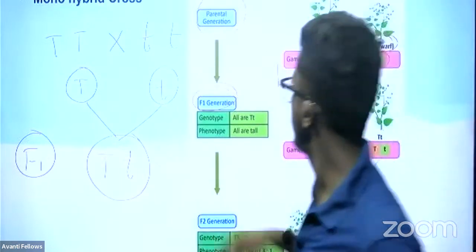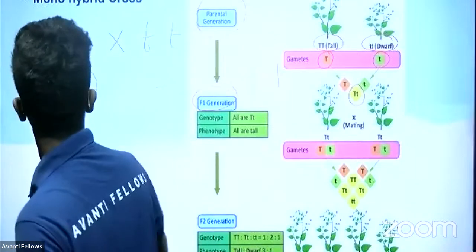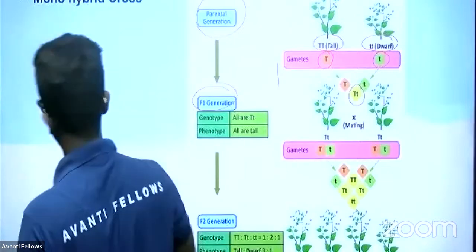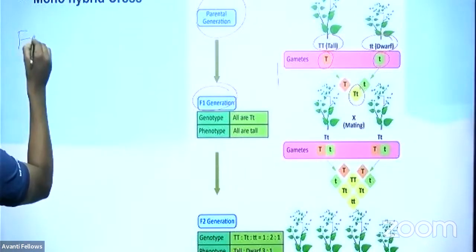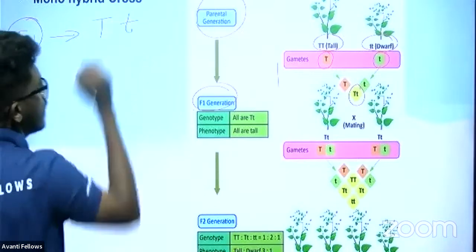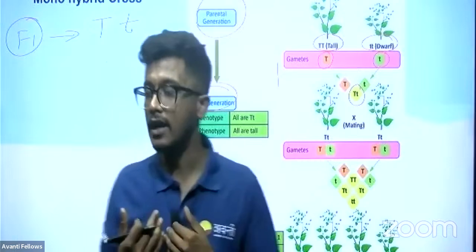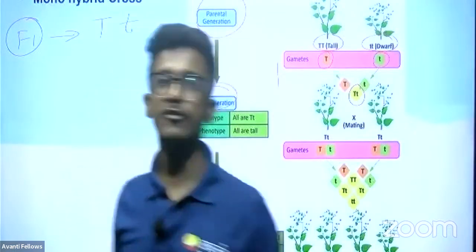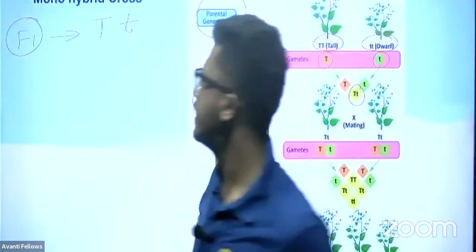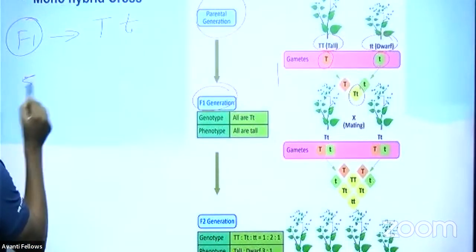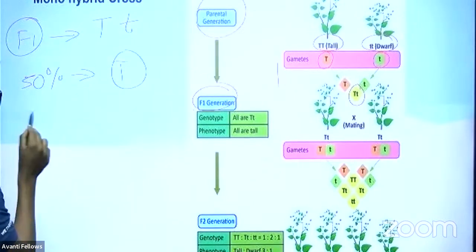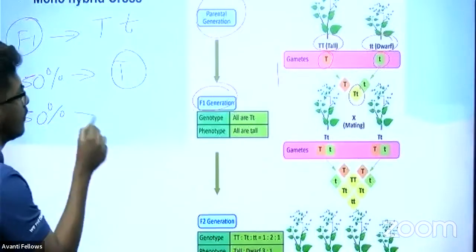So he wanted to investigate. Through his investigation, he took the F1 plants. What are our F1 plants? Let's assume we have an F1 plant, and its genotype is of what type, guys? Capital T and small t. Now we will understand even more clearly. If my F1 plants produce gametes, what would be the possibility? 50% of my gametes would be capital T type and 50% would be small t type.